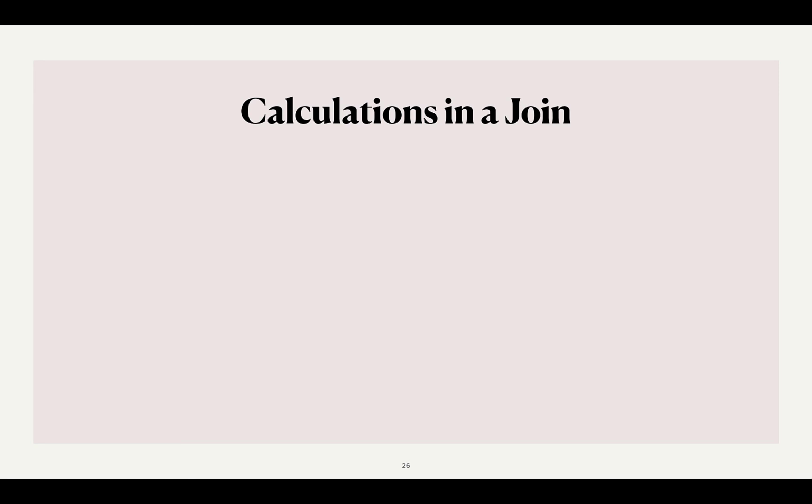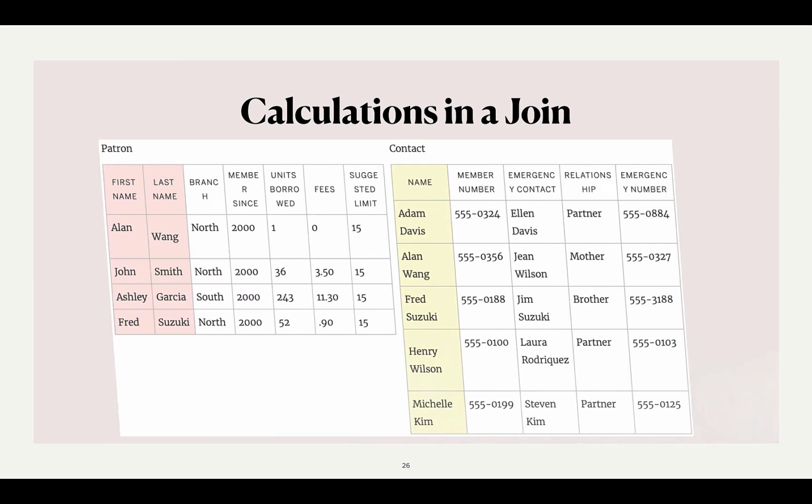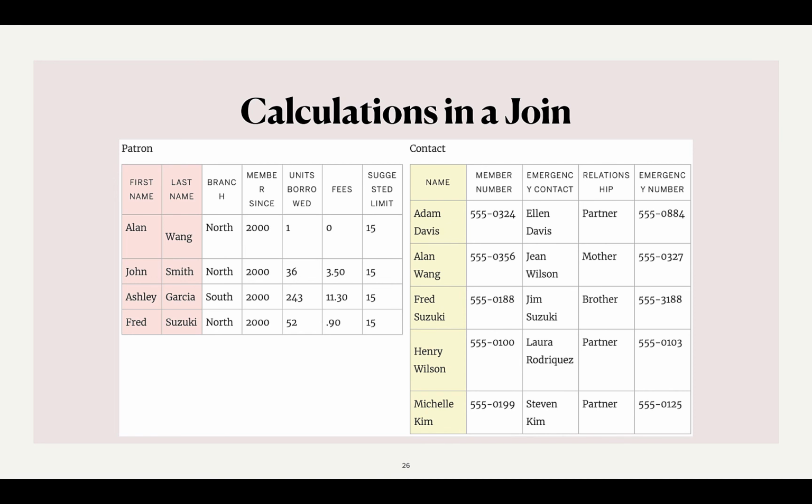But a different way of doing this would be in combination with data prep, which we're going to be learning about next, and Tableau Desktop. But this is an example of just using a calculation in a join, and you'd have to do that if you wanted to join these two tables together.